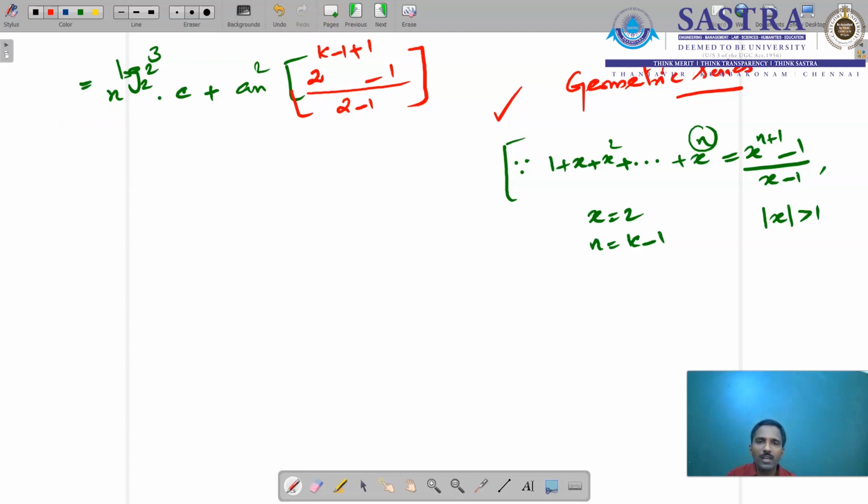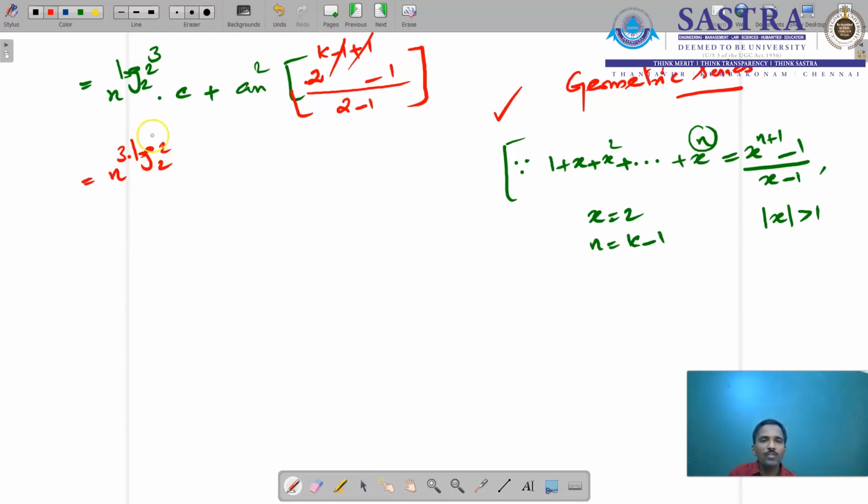Now simplifying here, k minus 1 and plus 1, what happens? The terms plus 1 minus 1 cancel. So simplifying, this is equal to n power. This 3 can be brought out because 3 into log 2 base 2.